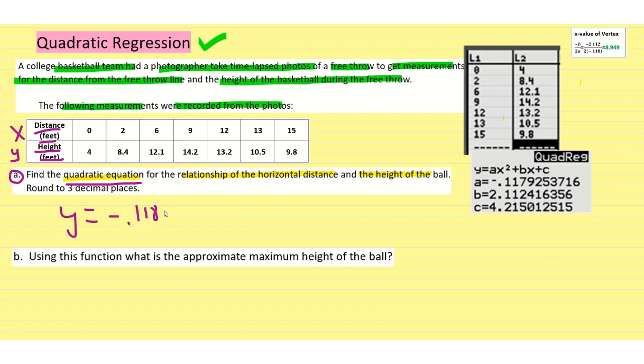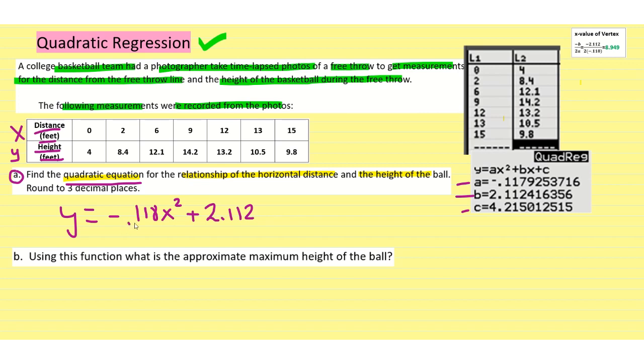So I'm going to say negative 0.118 x squared. And then my b is going to be 2.112. So that's plus 2.112. These numbers are coming from what my graphing calculator told me were the values for the a and the b and the c.